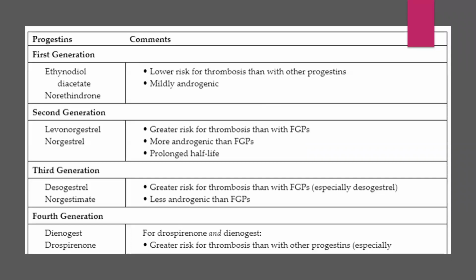This one is going to have a lower risk for thrombosis than other progesterones. Second generation, a little bit higher risk for thrombosis, more so than those first generation. Third generation are going to be the greatest risk for thrombosis. And then fourth generation, greatest risk for thrombosis. So some adverse effects.